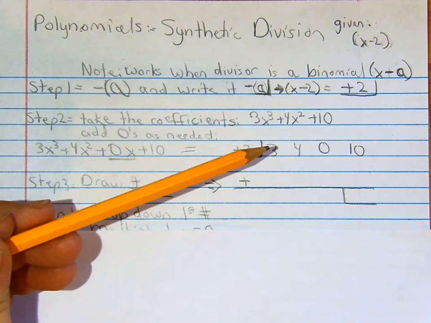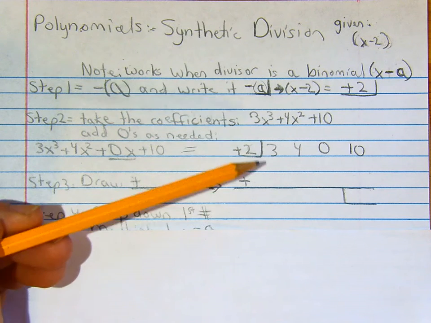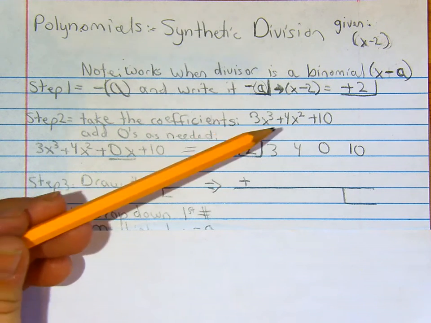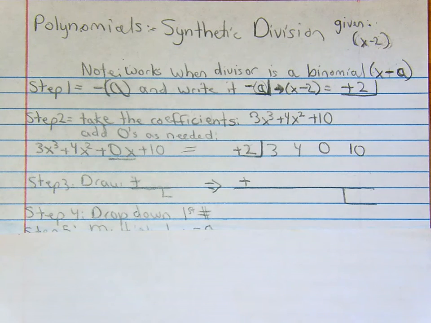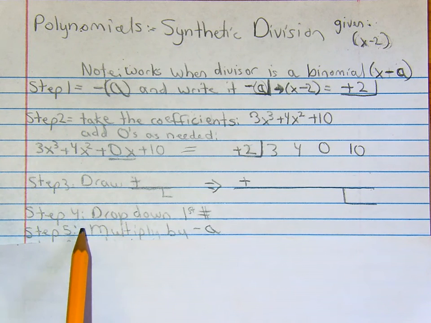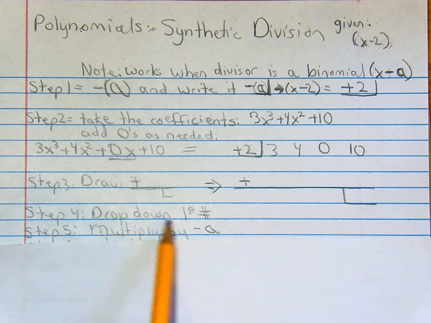We first do that by dropping down, and the reason is that the first number always ends up, when you do division, being basically the same thing. So drop down the first number.